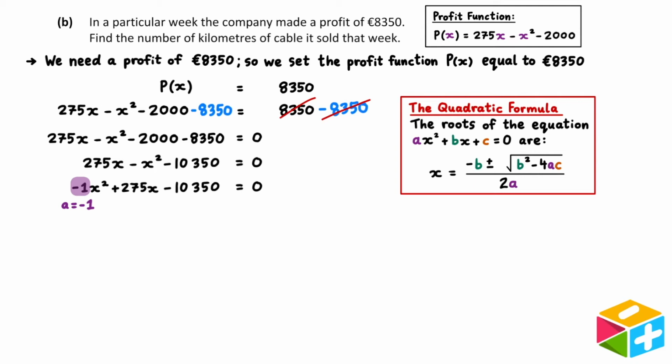Here, a is equal to minus 1. B is equal to the number in front of the x, and here b is 275. C is the number all by itself, and here c is minus 10,350. Now that we know the a, b and c, we can sub in to the quadratic formula.